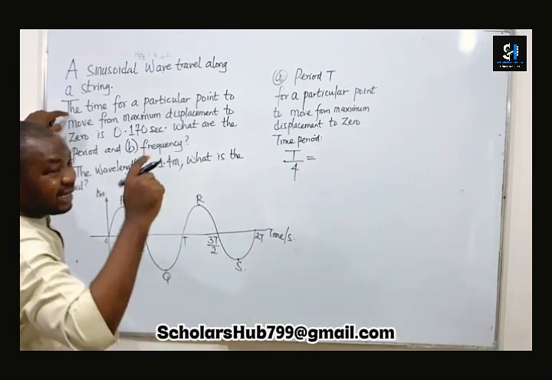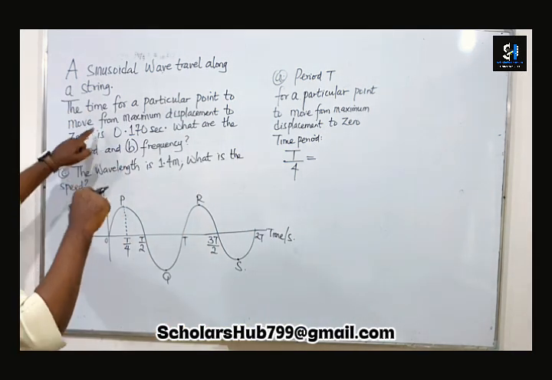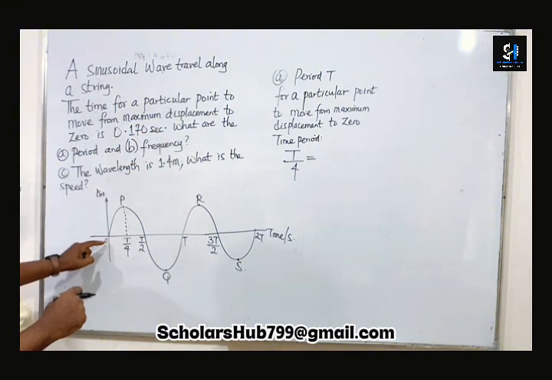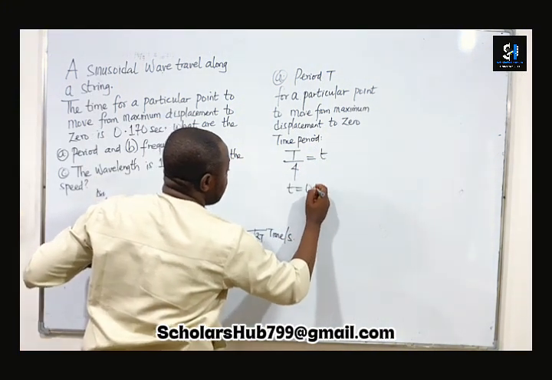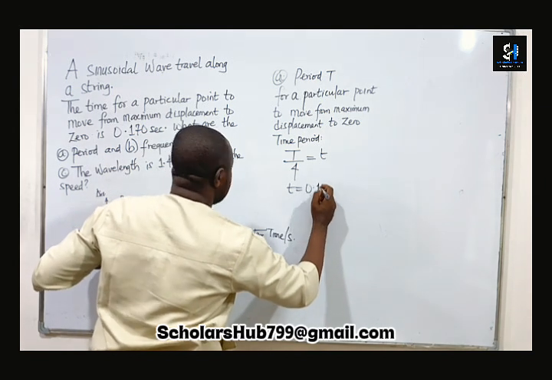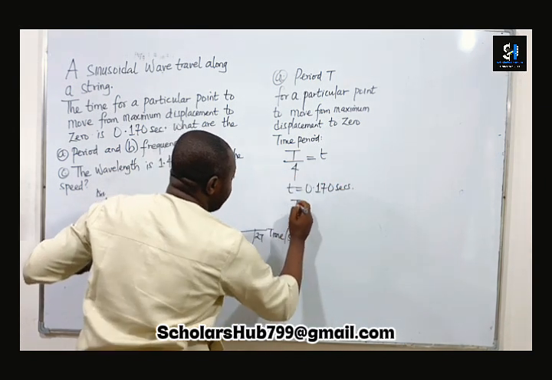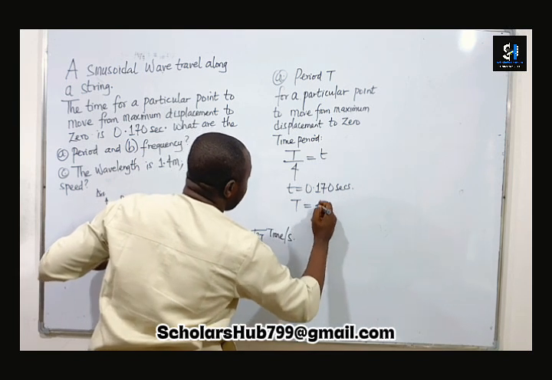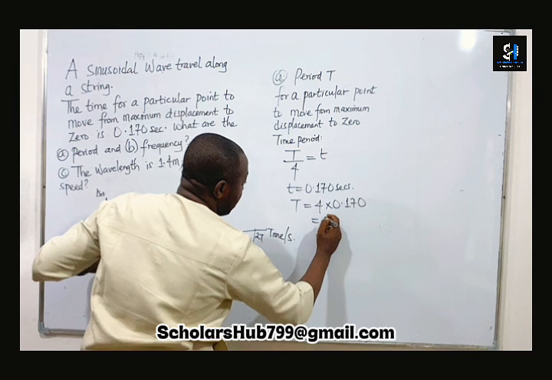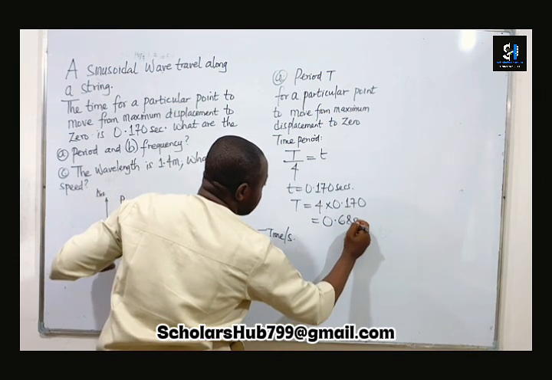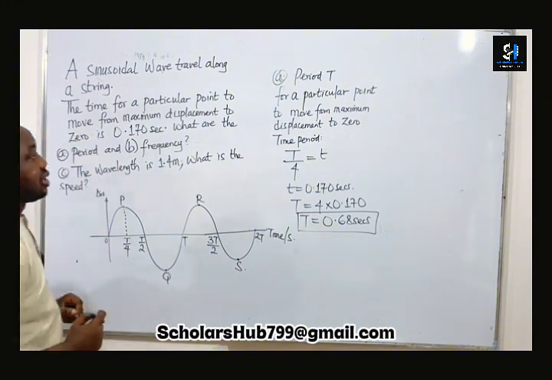So the time period will be 4 multiplied by 0.170, and this will be 0.68 seconds. So this is the time period. It's as simple as that.